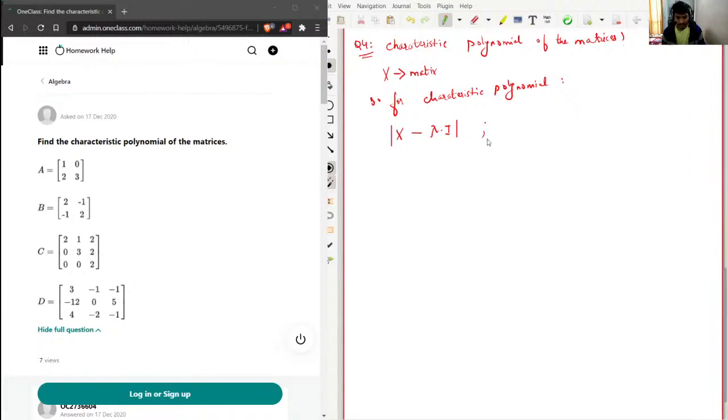Now I'll tell you, lambda here are nothing but eigenvalues.